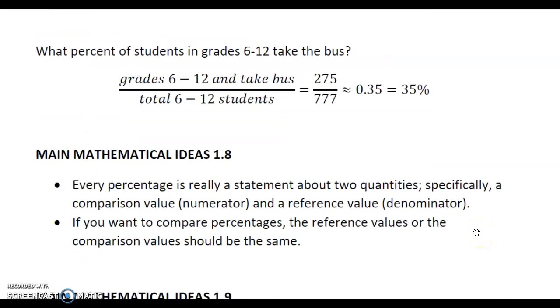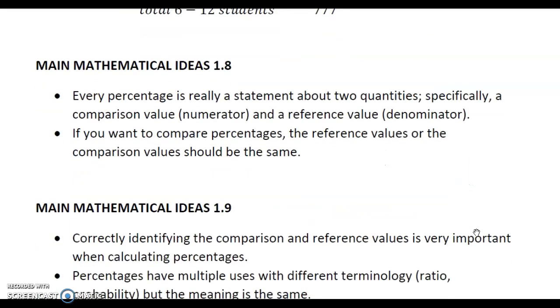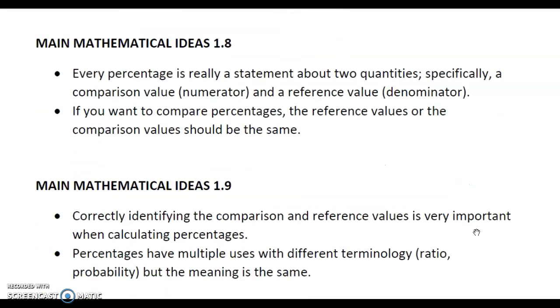So let's just recap some of the main mathematical ideas from both of these units. From 1.8, every percentage is really just a statement about two quantities, taking two quantities and making a comparison. The numerator is called the comparison value and the denominator is called the reference value. So one of the things that you're tasked with is being able to identify which number goes in the top and which number goes in the bottom.